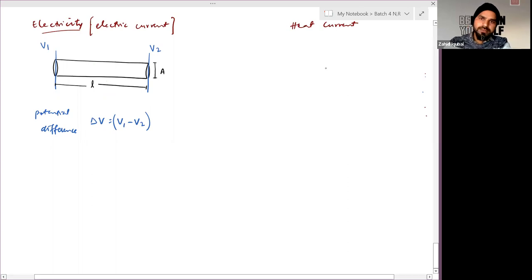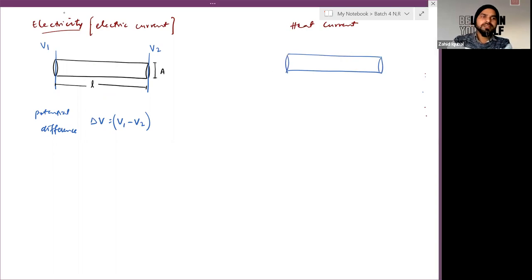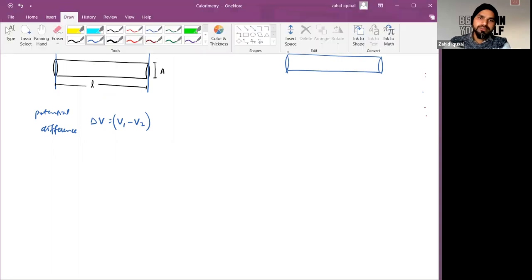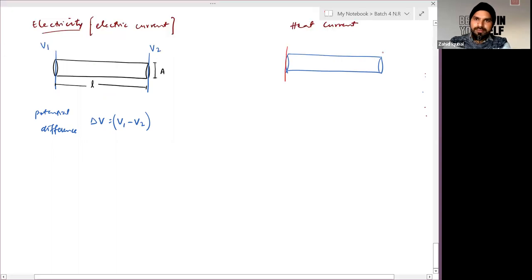So for the movement of electric charge through any conductor, we must need some potential difference across its ends. Similarly, suppose you have a conductor in which you want to flow heat current. You must need a temperature difference across its ends. Let's say this end is at some temperature T1 and the other end at some temperature T2.